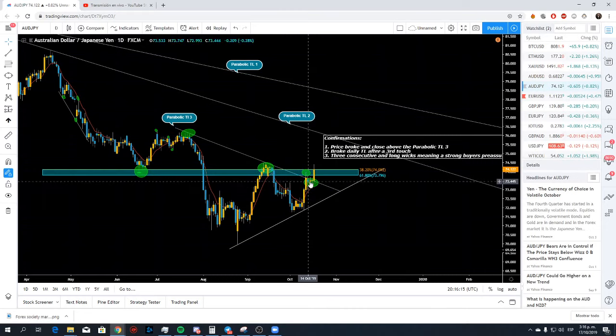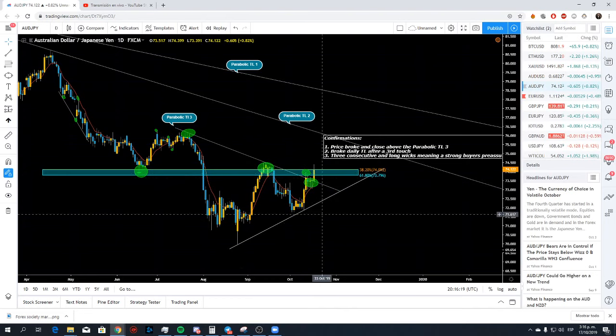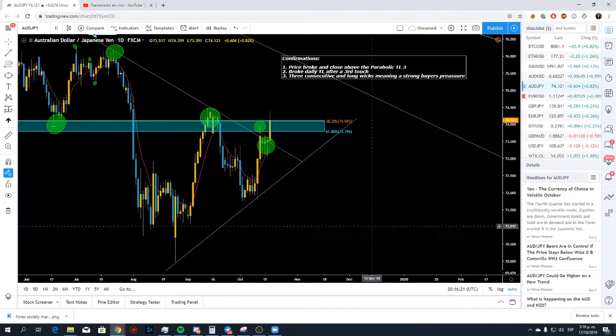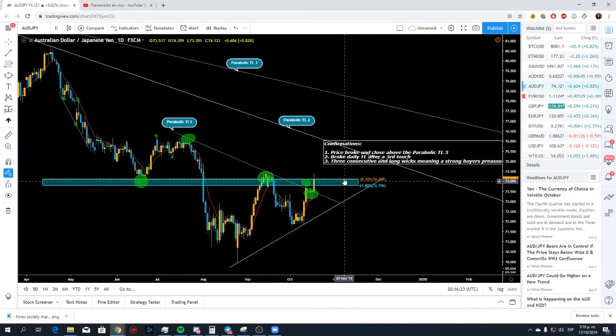Then it started making these 3 candles, but today, if you zoom in, you can see how price finally broke above the 61 level, but price is still on this blue zone, and that's the thing I don't like right now.